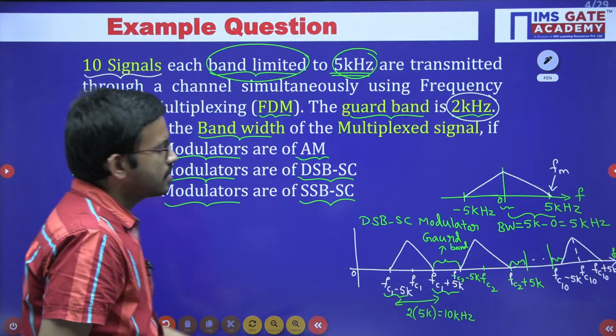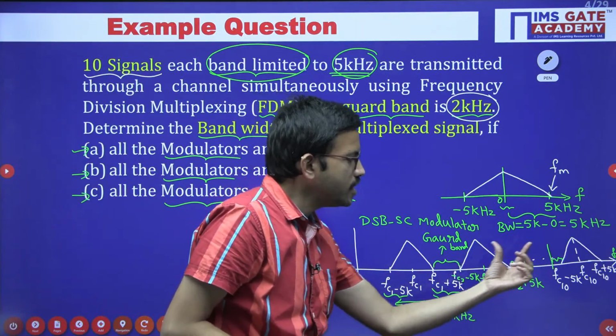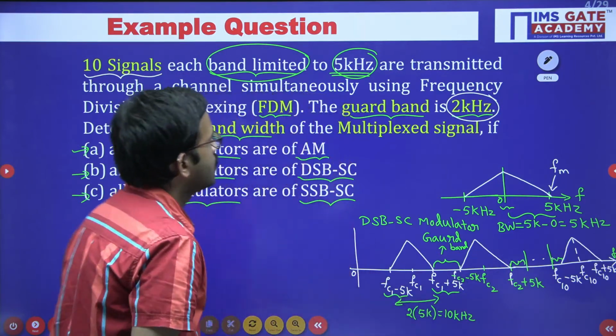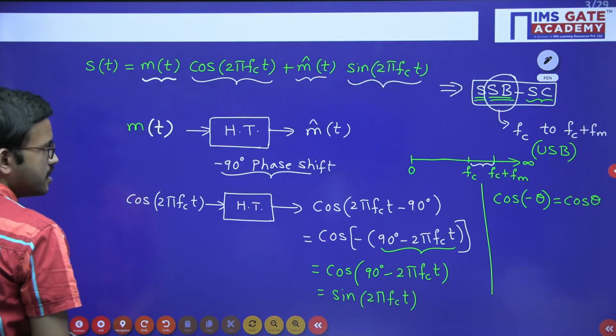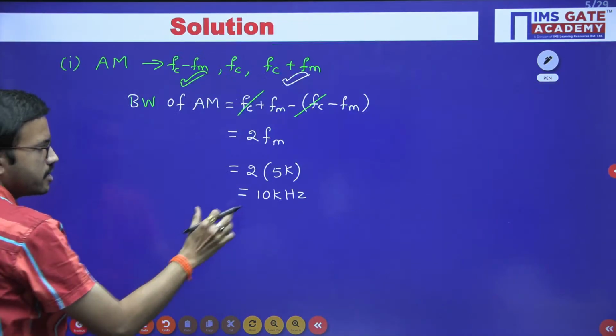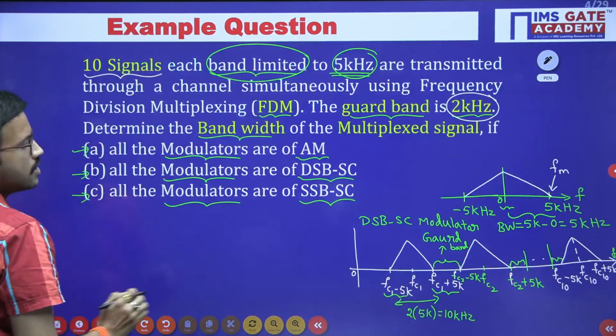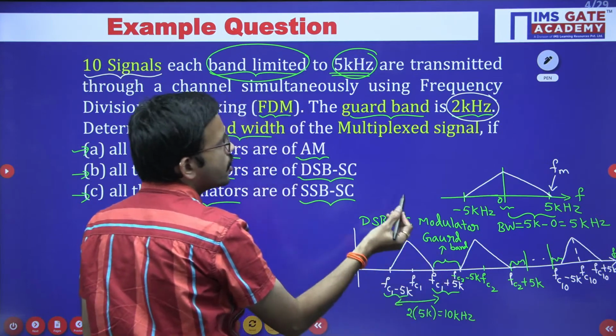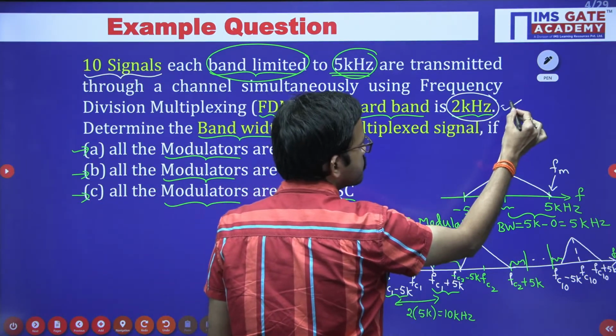So for every signal you are going to have 10 kHz. And between two signals, they have used a guard band of 2 kHz.